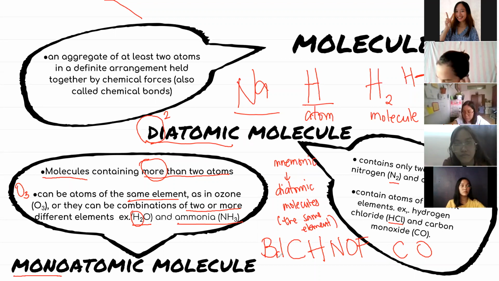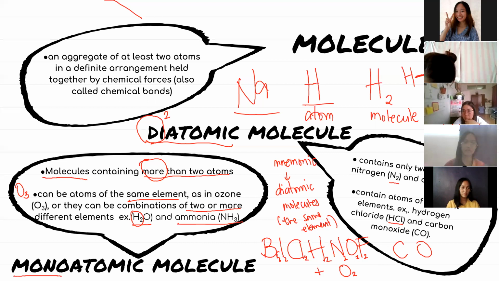We have bromine, iodine, chlorine, hydrogen, nitrogen, oxygen, and fluorine. So sometimes, class, when you look at a chemical equation, you cannot see oxygen as just O. Most of the time it has a 2 there, because oxygen exists as a diatomic molecule in nature. So these elements are bromine, iodine, chlorine, hydrogen, nitrogen, oxygen, and fluorine.